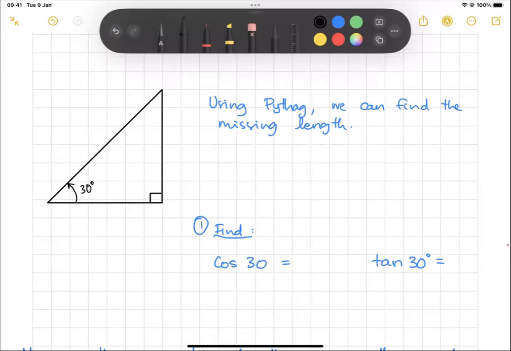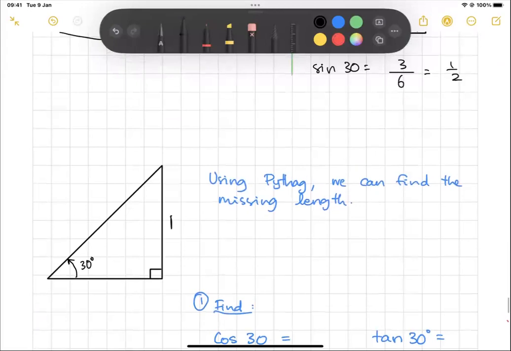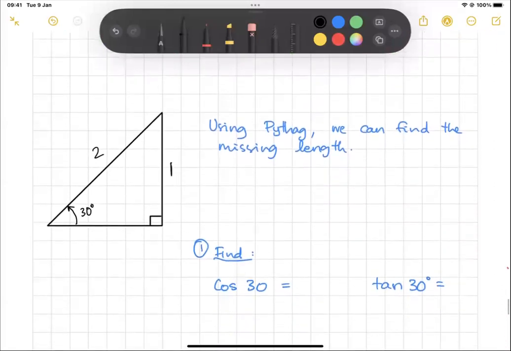Then the opposite side of that angle should be the value of 1, and the opposite of my right angle should be my hypotenuse, which is 2. I'm just following the concept here, these types of values. Now, once I've gotten that, let's use Pythagoras to find the missing length. My hypotenuse is 2, so 2 squared equals 1 squared plus b squared. Let's go b squared equals 2 squared minus 1 squared.